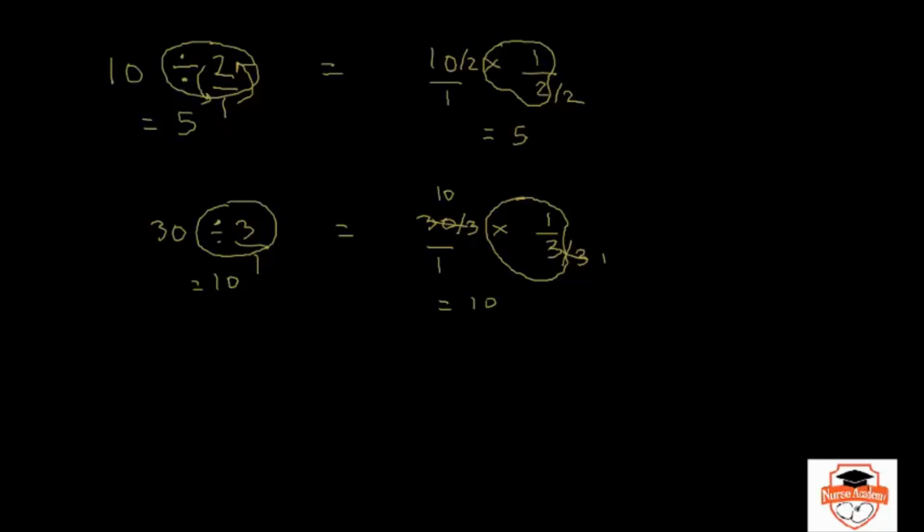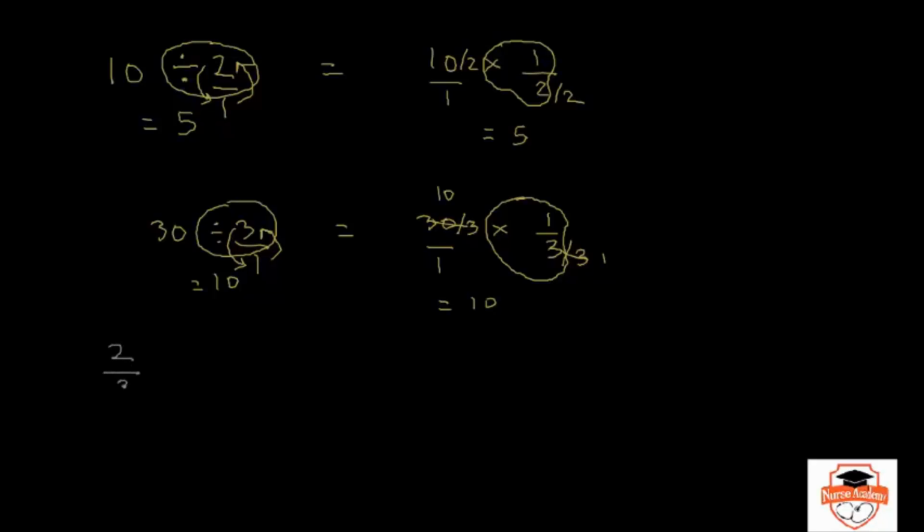Look here. We had a division with 3 over 1. The division changed to a multiplication, and then the 3 comes on the bottom and the 1 goes on the top. You have 1 over 3. And you can actually extend this idea to divide any number with a fraction. Change the division to a multiplication and flip over the numerator and the denominator of the divisor.